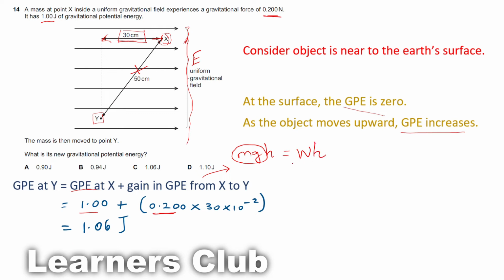Height should always be parallel to the gravitational field, so we are considering 30 centimeter. Since it's given in centimeter, converting to the SI unit of length, which is meter, so converting centimeter to meter, 10 to the power minus 2. When you simplify, the answer becomes 1.06. So the answer for this question is option C.